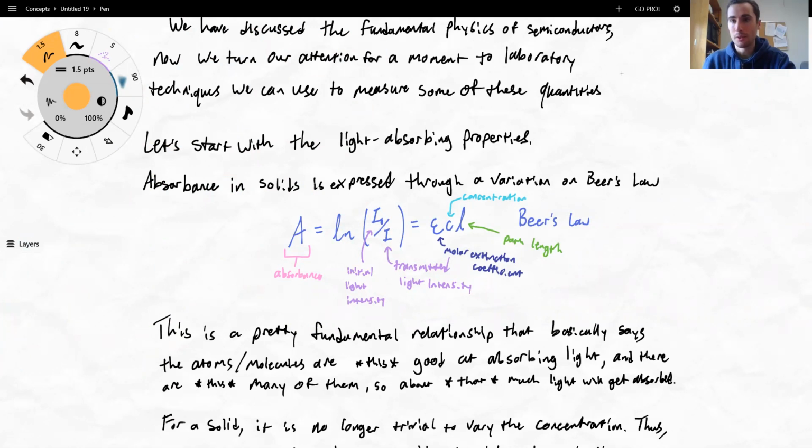And that is equal to, you probably remember, epsilon C L. So there's the molar extinction coefficient multiplied by the concentration and then multiplied by the path length. So hopefully that's not new information for you, but this is good for basically any molecular system. You've used it for every spectrometer you've ever touched. And it's a pretty simple law, but it's a pretty good one.